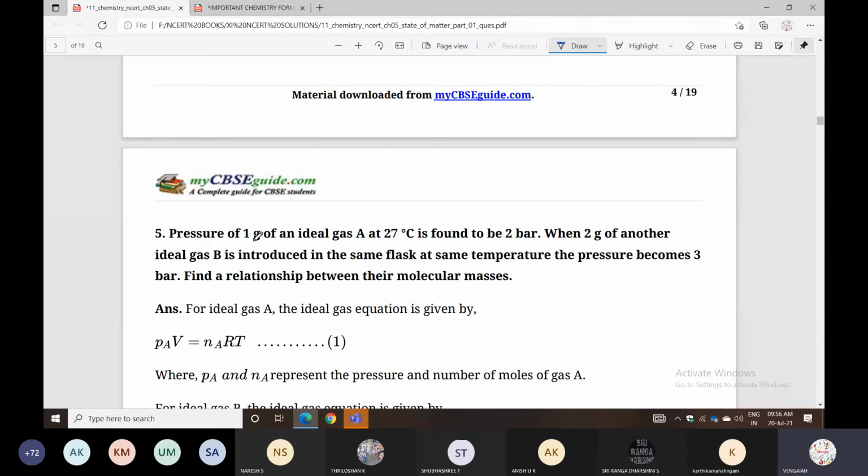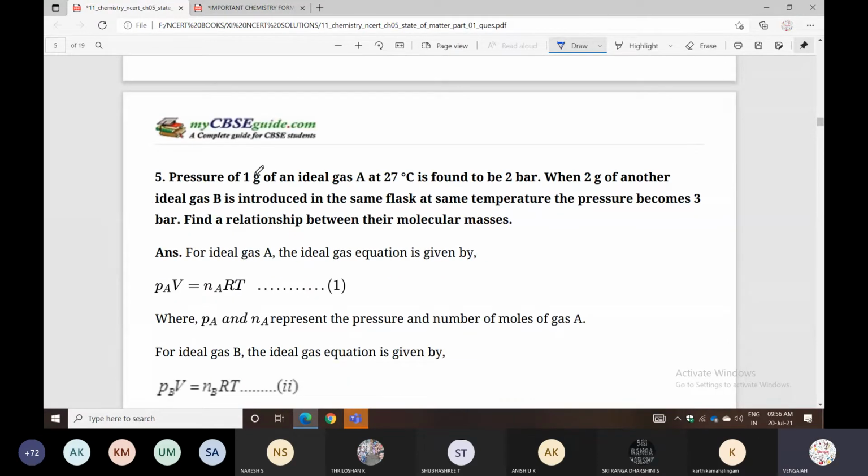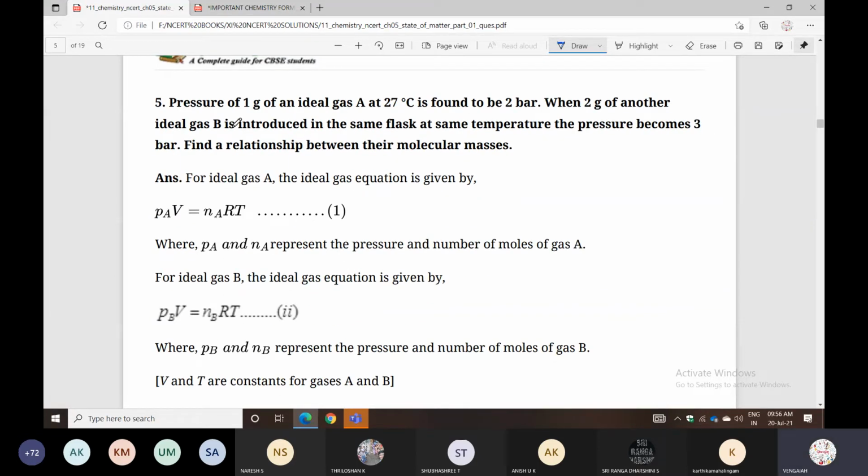Next, check the fifth question. 1 gram of an ideal gas at 27 degrees centigrade is found to have a pressure of 2 bar.